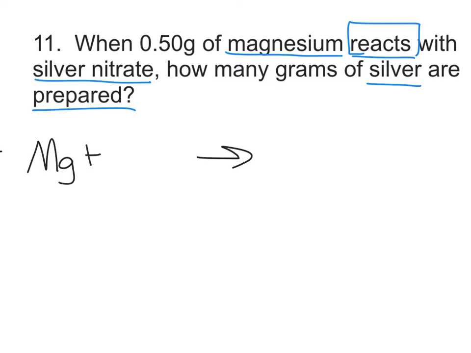Silver nitrate, you have to make sure you know your charges. Silver here, and nitrate is NO3. Now, if you look silver up, or if you've done enough of these, silver is a +1 ion, nitrate is a -1 ion, so those are already balanced. You do not have to balance those. Okay? Every time.